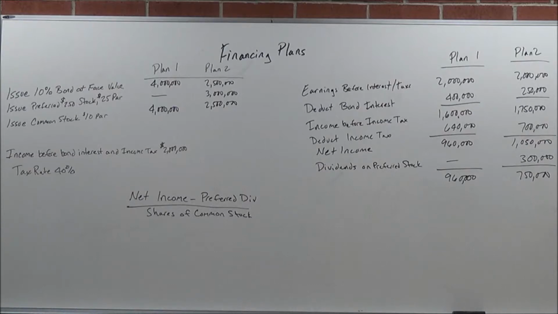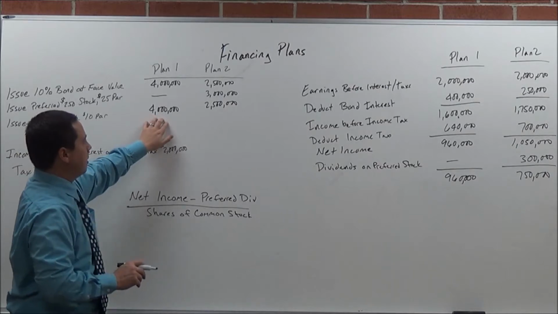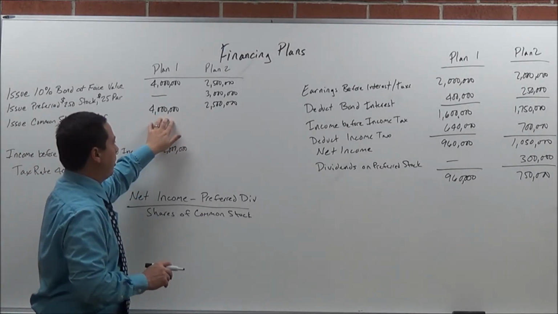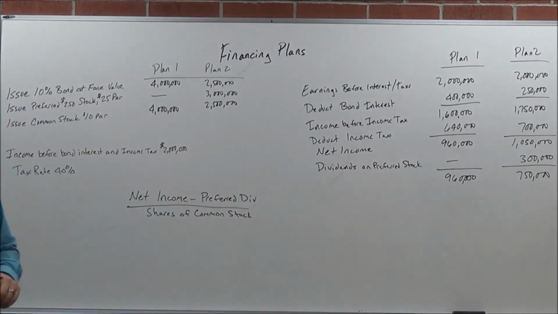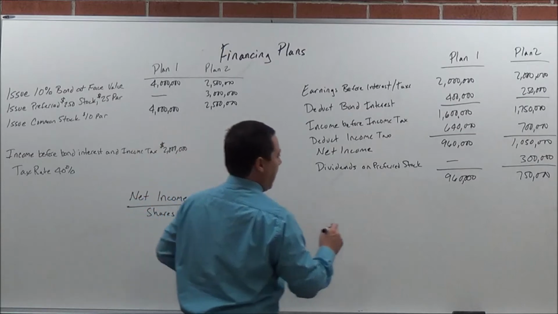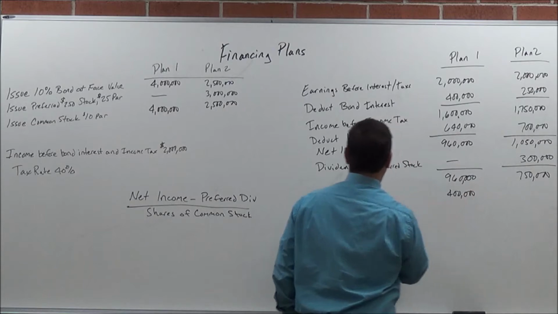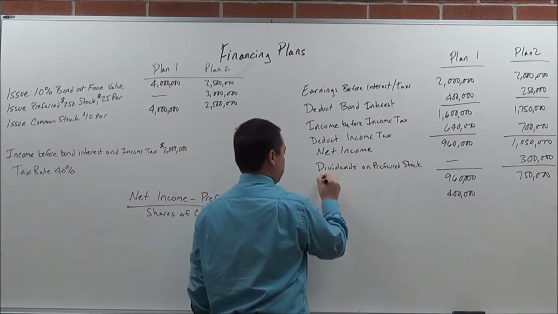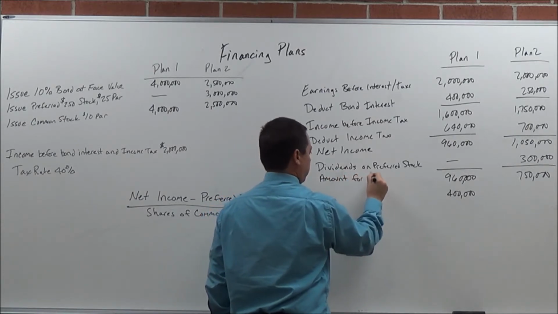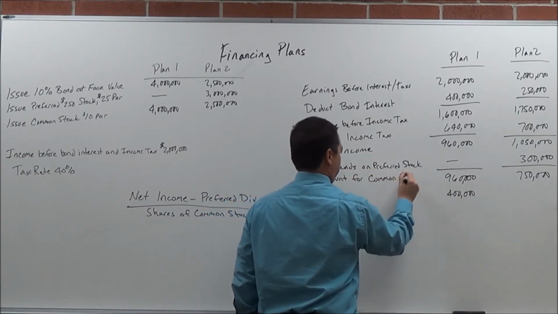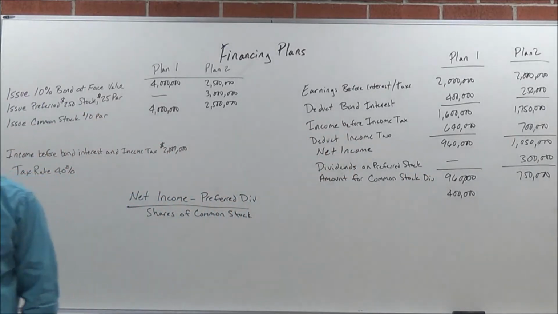Now we have to figure out how many shares we have. We take the $10 par into each of these values, the 4 million and the 2.5 million. So I will have here 400,000, and this is the amount available for common stock dividend.